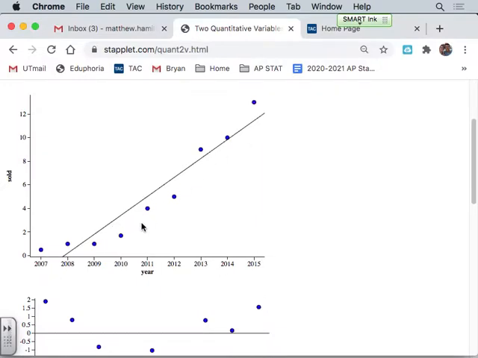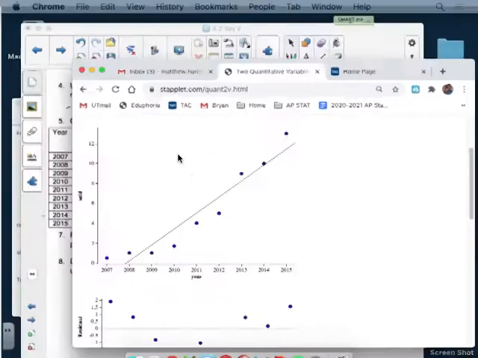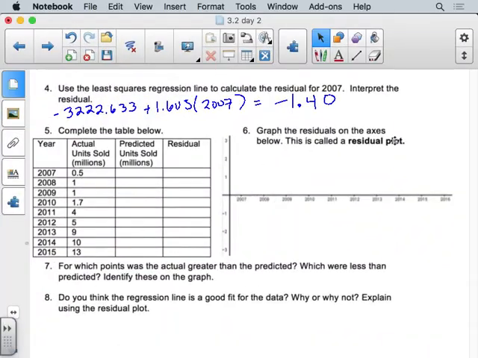The line of best fit had to include this, so that at 2007 it was predicting negative units sold, which makes absolutely no sense. So maybe something weird is happening here, which I think is kind of the point of this. But we have negative 1.4 for units sold.